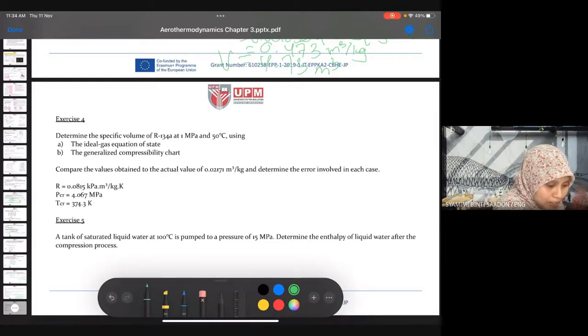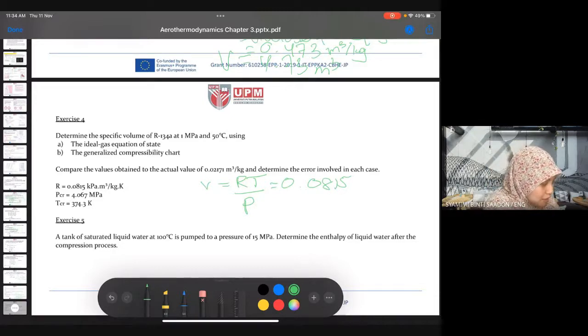So from ideal gas equation of state, we have RT over P. Right, ideal gas RT over P. So R is given here, 0.8159 or 15.